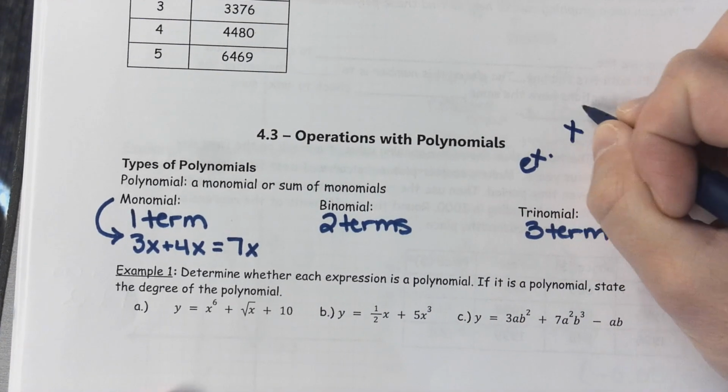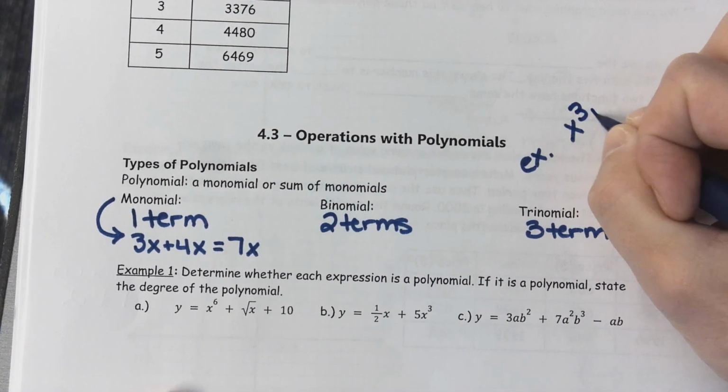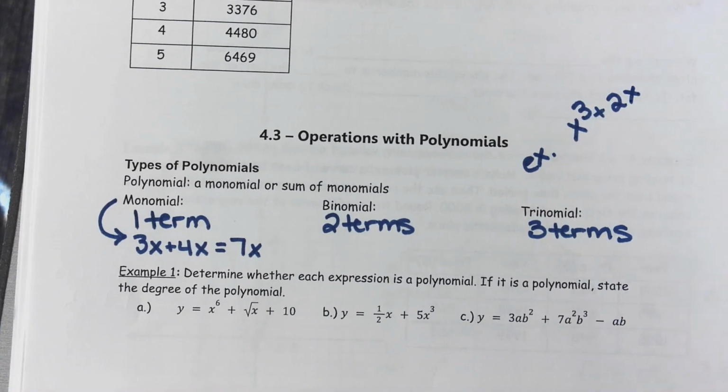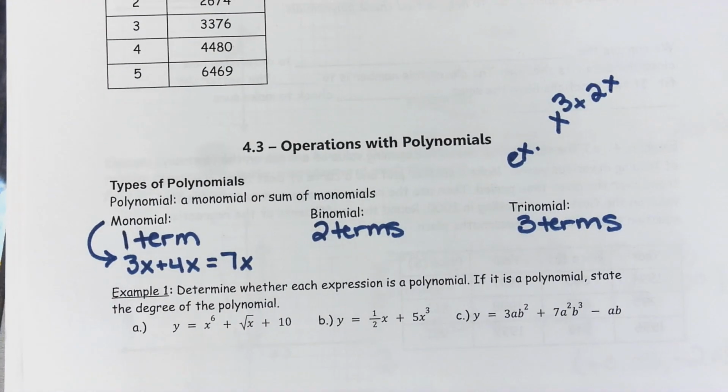So let's say we have x cubed plus 2x. So think back to section 4.1. What degree is that? 3. If I use my words, it is linear, quadratic, cubic, quartic, quintic. Cubic.